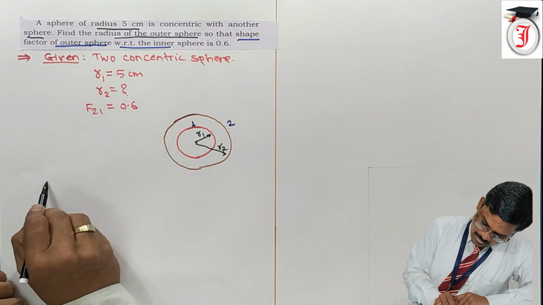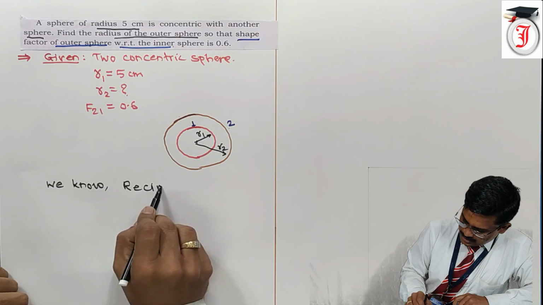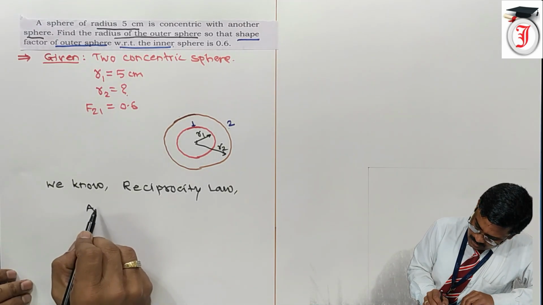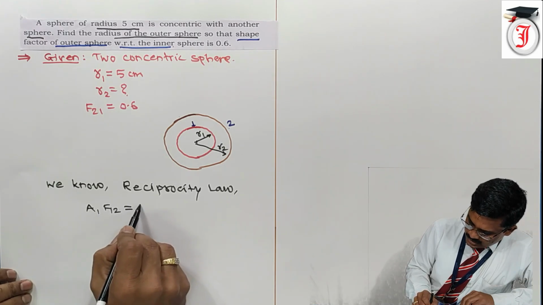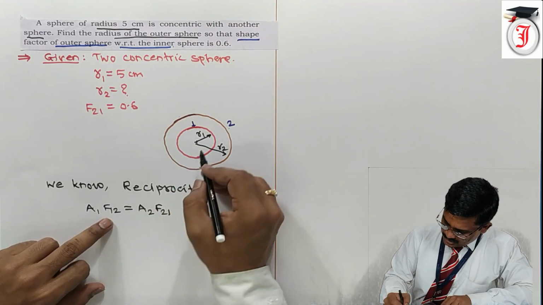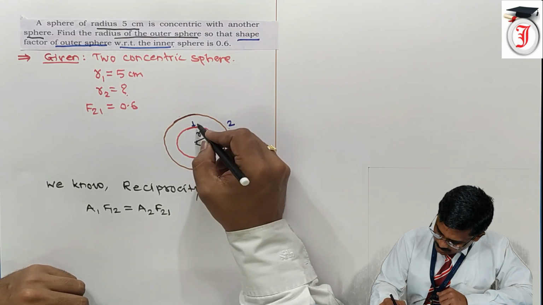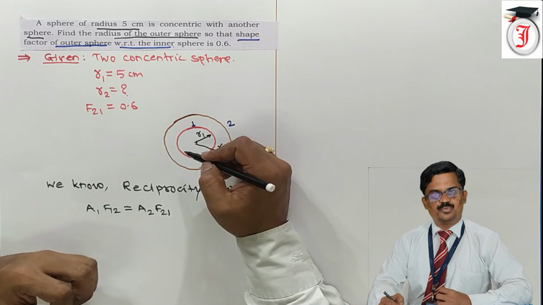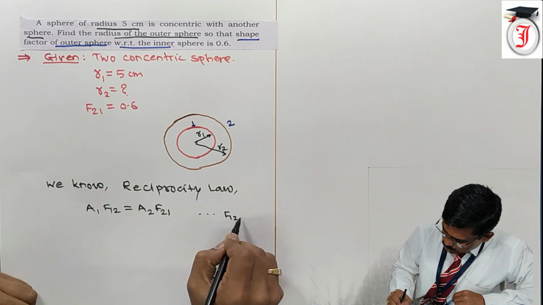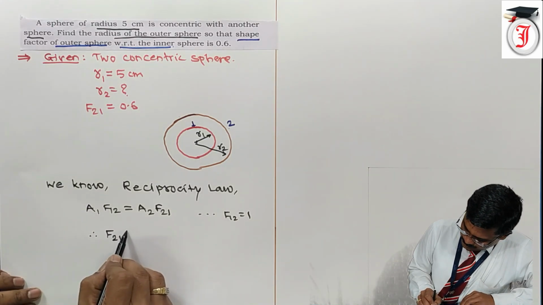We know the reciprocity theorem, or reciprocity law, of shape factor: A1 F12 is equal to A2 F21. Now by observation we can say the shape factor of 1 with respect to 2 is equal to 1, because whatever radiation is emitted by surface 1, since it is a concentric sphere, is absorbed by surface 2. So we can say F12 is equal to 1.